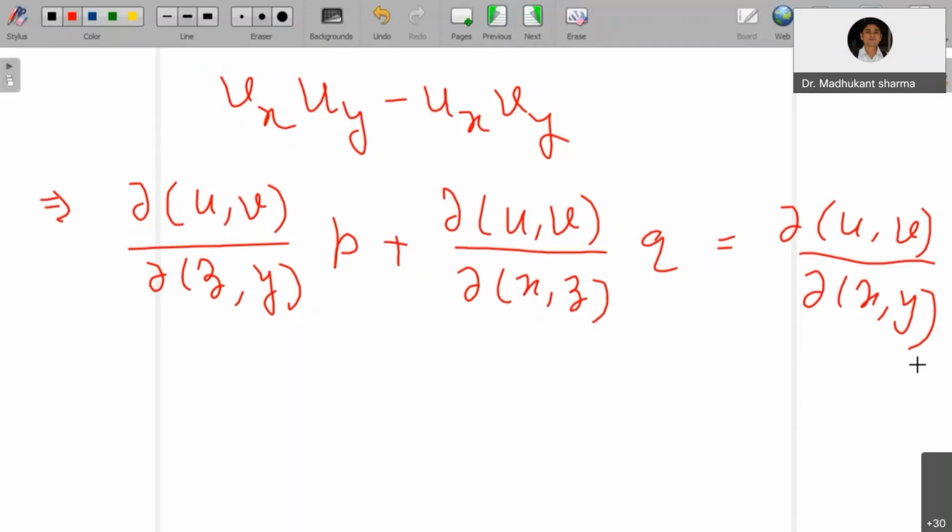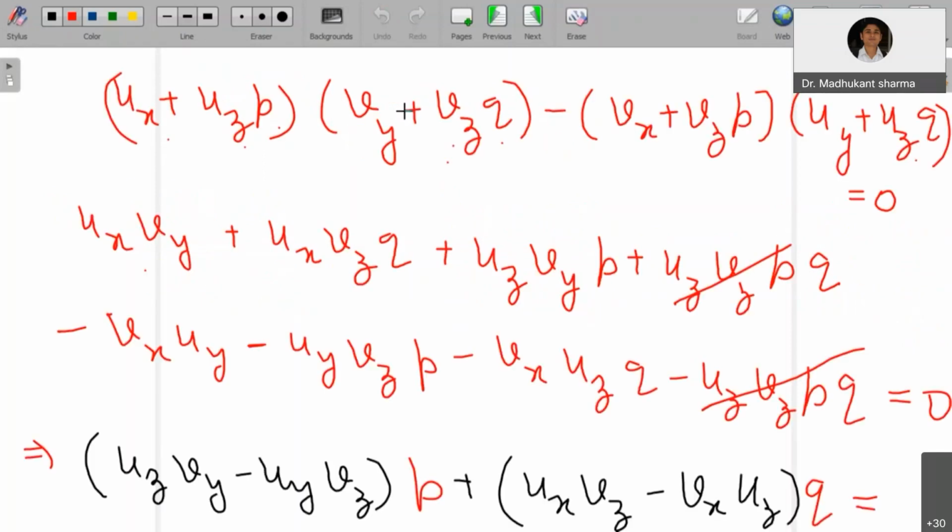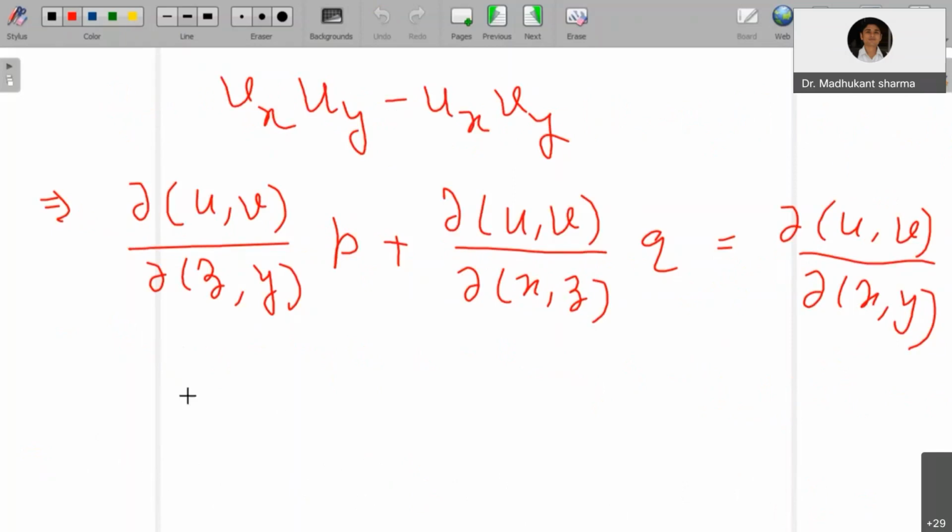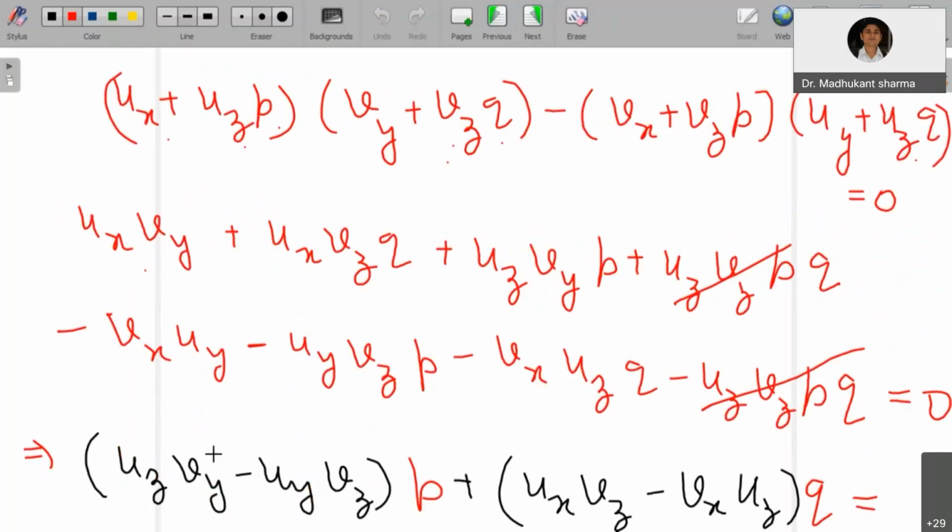Okay, so we have to be careful about it. What is the Jacobian of uv with respect to z, y? It is the determinant of uz, uy, vz, vy, so uz vy minus uy vz. So that's fine.